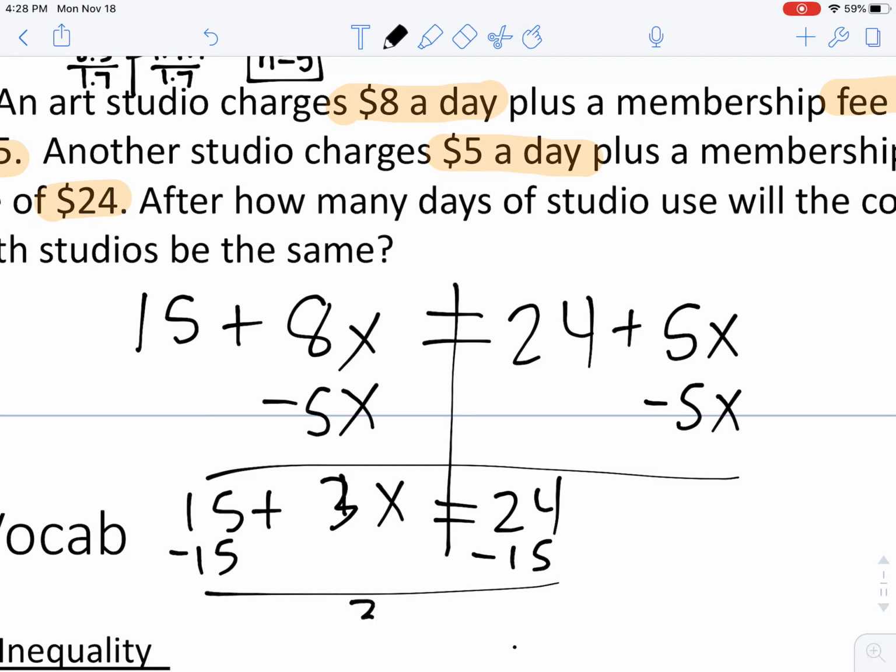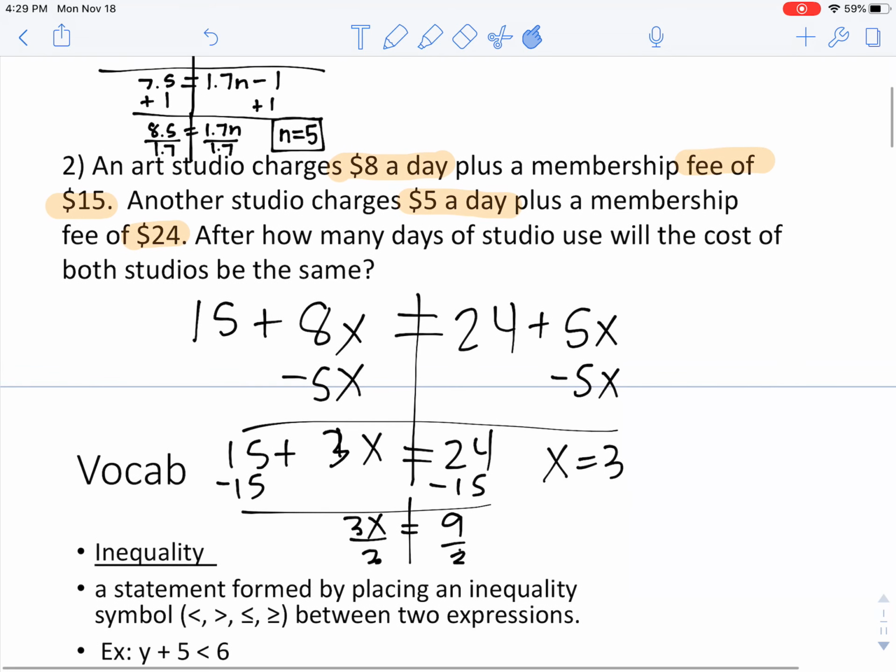And I'm left with 3x equals 9. Right now we have 3 times x, so the inverse operation is to divide. And you should have been left with x equals 3. And it's asking us, after how many days of studio use will the cost of both studios be the same? Your answer would be 3 days.